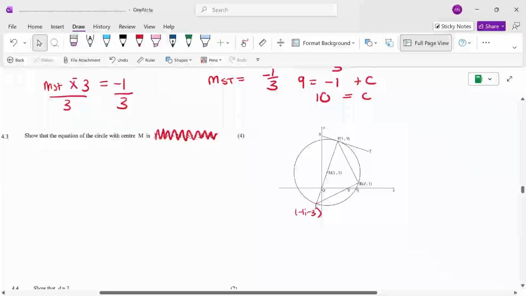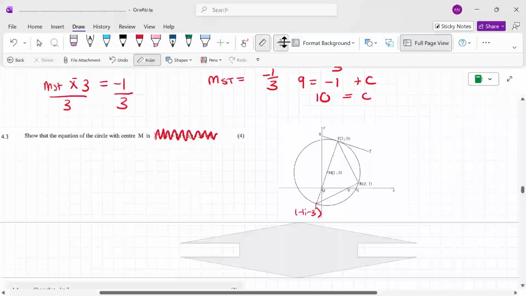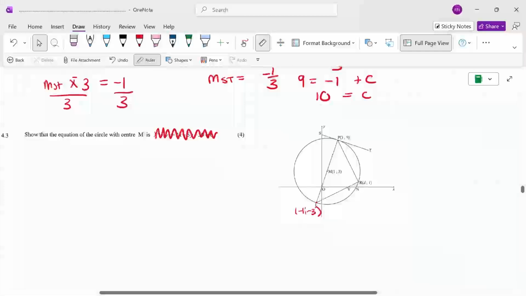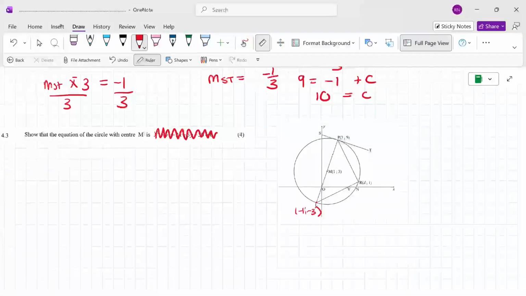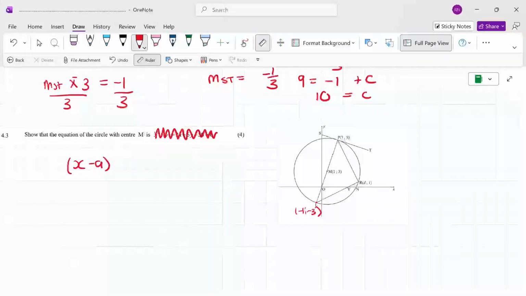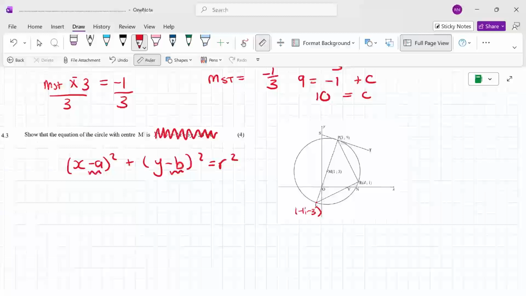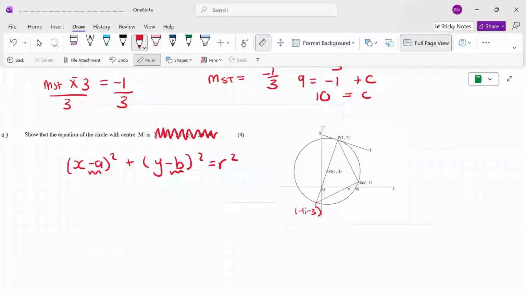We are trying to find the equation of this circle that we have here. For the equation of a circle, it's going to be x minus a all squared plus y minus b all squared equals the radius squared. This a and this b correspond to your center, right? So a is the x value for the center and b is the y value for your center.